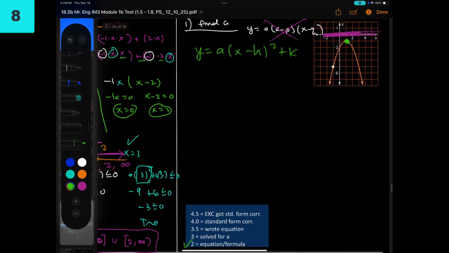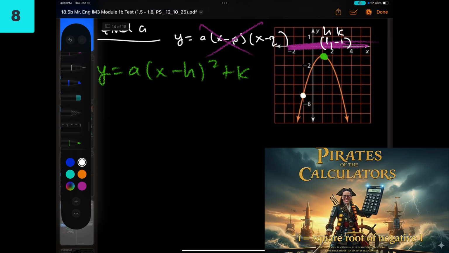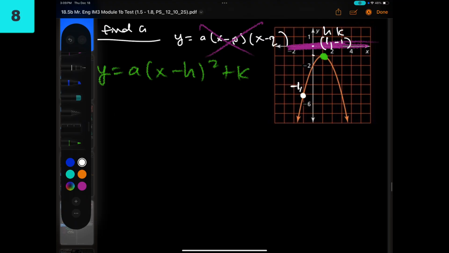Now you can just figure out what you have. Well, vertex is (1, -1), that's h, k: right 1, down -1. And this other point I gave you is left 1, so -1, and down 1, 2, 3, 4, 5, -5.